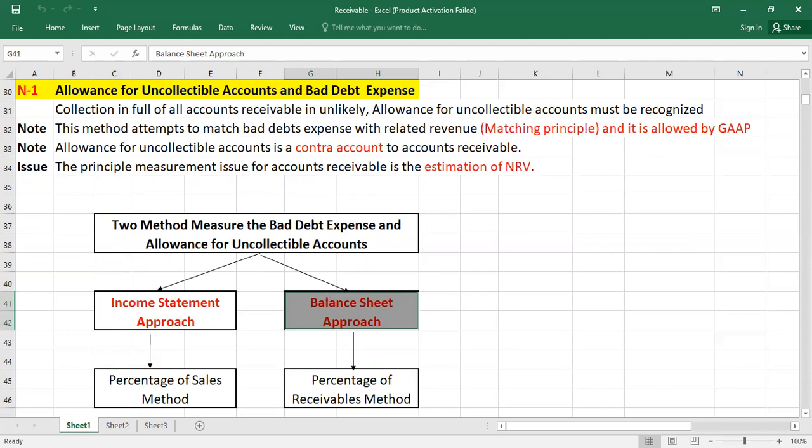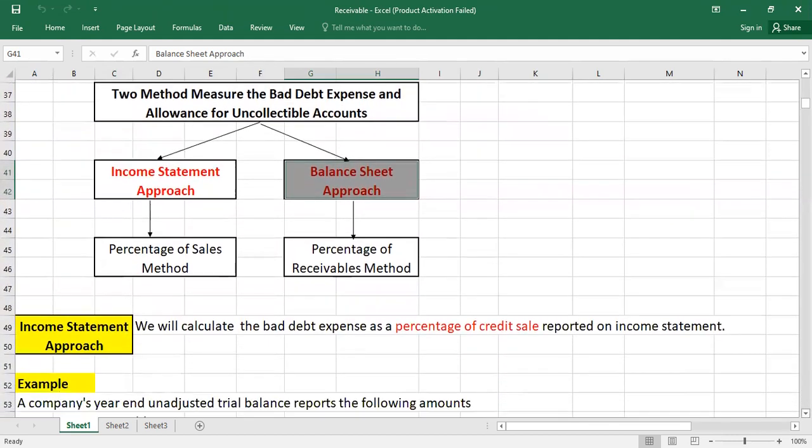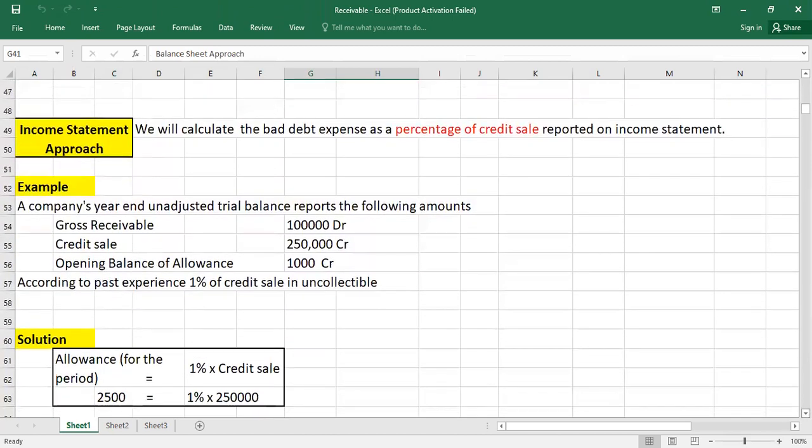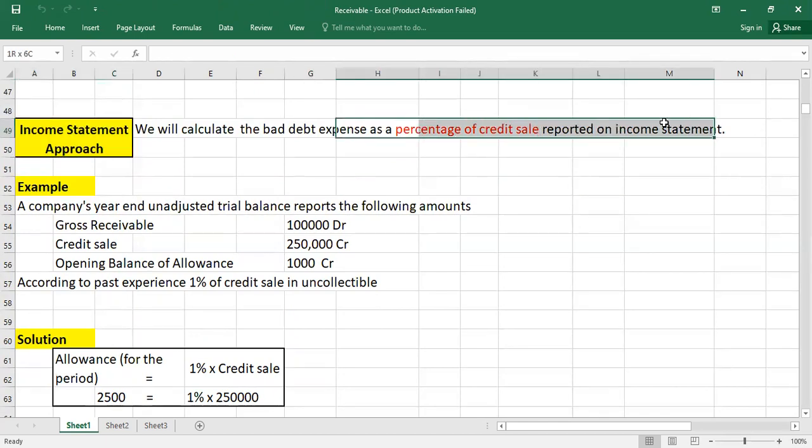So let's begin with the income statement approach, and we will understand with the help of an example. In the income statement approach, we calculate the bad debts expense as a percentage of credit sales reported on the income statement. Let's have a look with the help of an example.